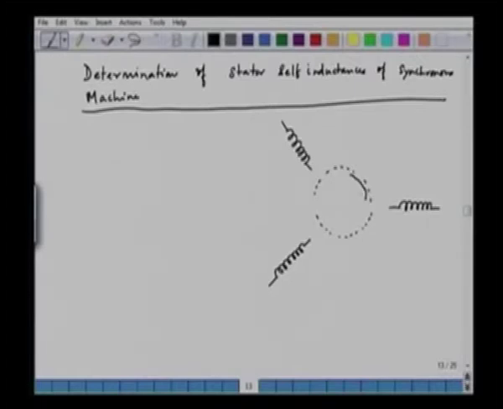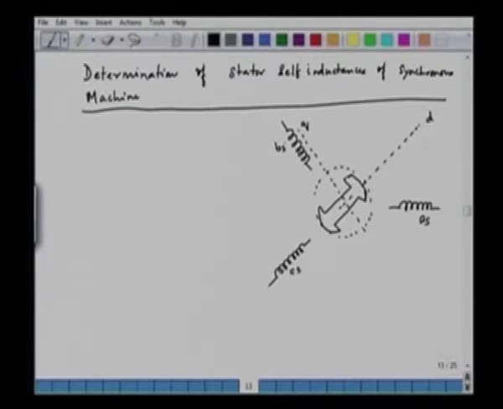So, we have the salience in this case, this is the rotor pole, this is the rotor pole, and this is the D axis, and this axis is the Q axis. And these are the various stator phases AS, BS, and CS.